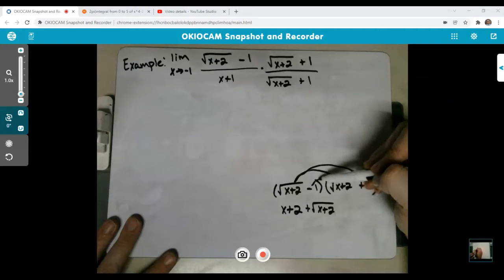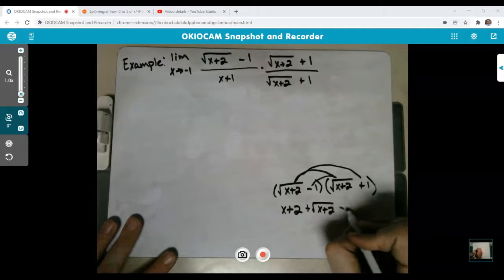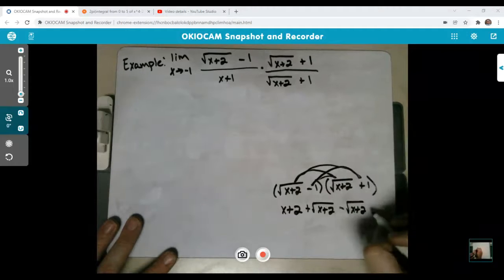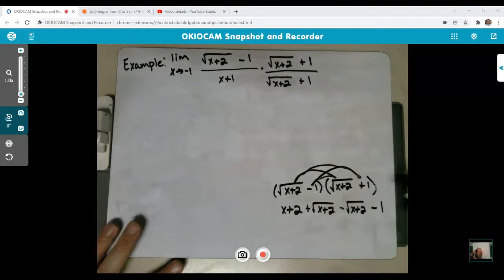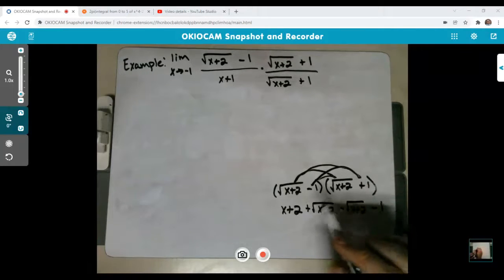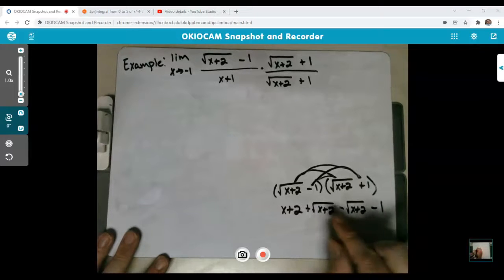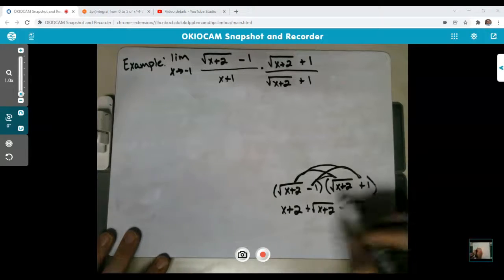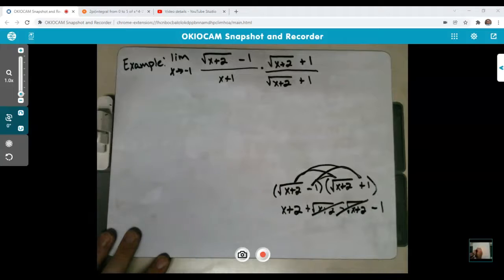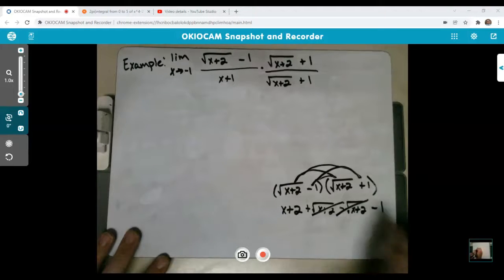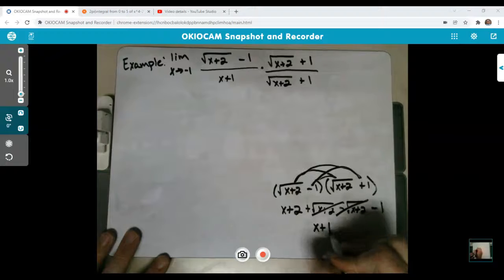Negative 1 times the square root of x plus 2 is minus the square root of x plus 2. Negative 1 times positive 1 is negative 1. So the reason this is helpful is because now look what happens right here. That's the square root of x plus 2 minus the square root of x plus 2. They cancel out. So I'm just left with x plus 2 minus 1. 2 minus 1 is 1. So that ends up just being x plus 1.